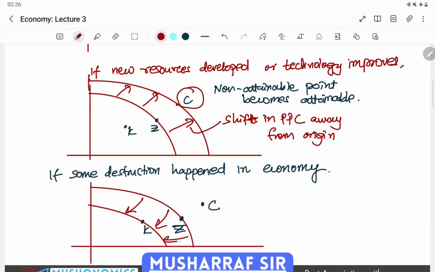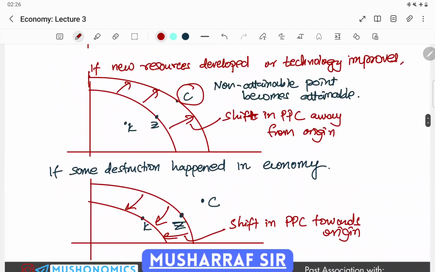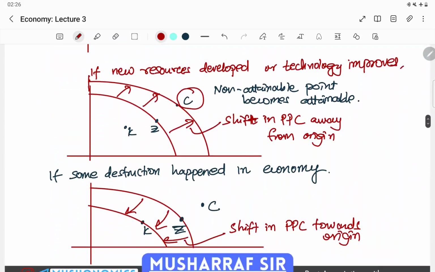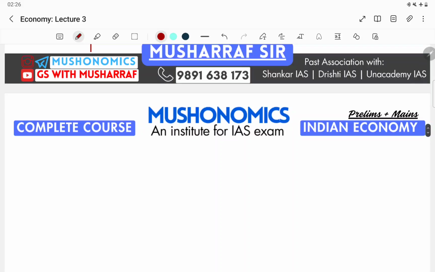This is shift in PPC towards origin. So now what will happen is point Z will also become non-attainable. So we have seen all these three conditions, like shift in PPC towards origin and away from origin.